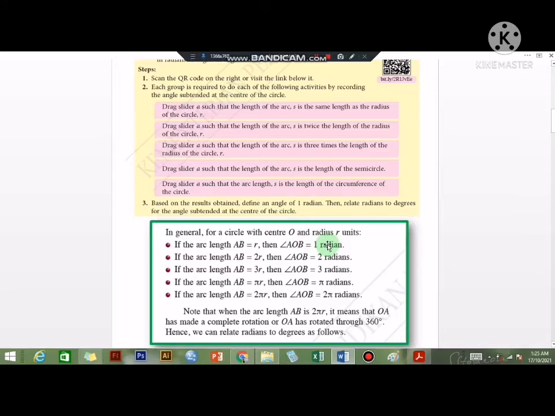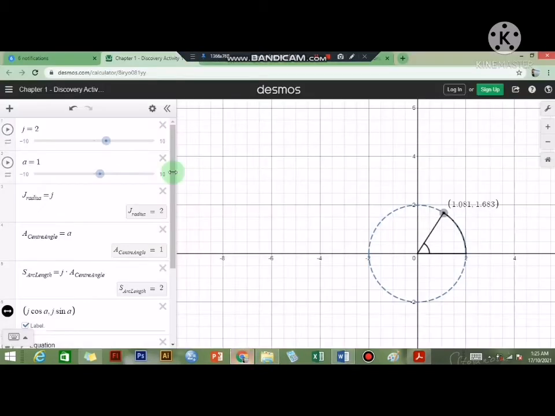Now let's look at what happens if the length of arc AB is equal to 2r, 2 times the radius.